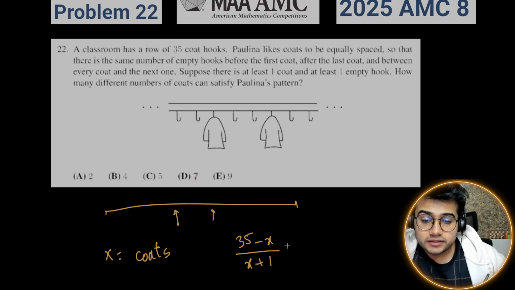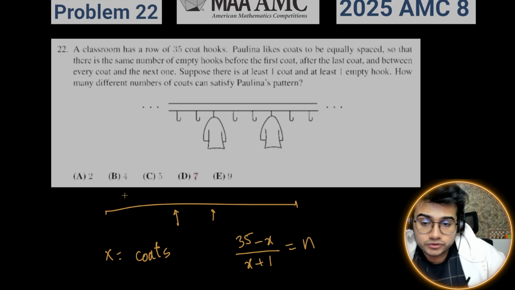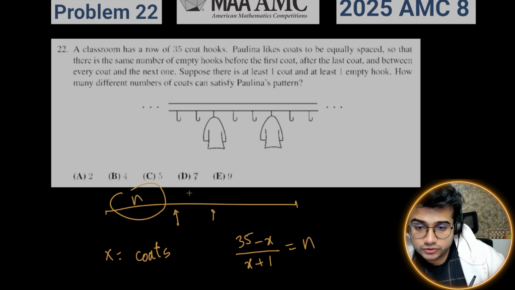That is the number of hooks in each space, and it has to be at least 1, and it also has to be a whole number. Let's call that n, the number of hooks in each of those spaces.